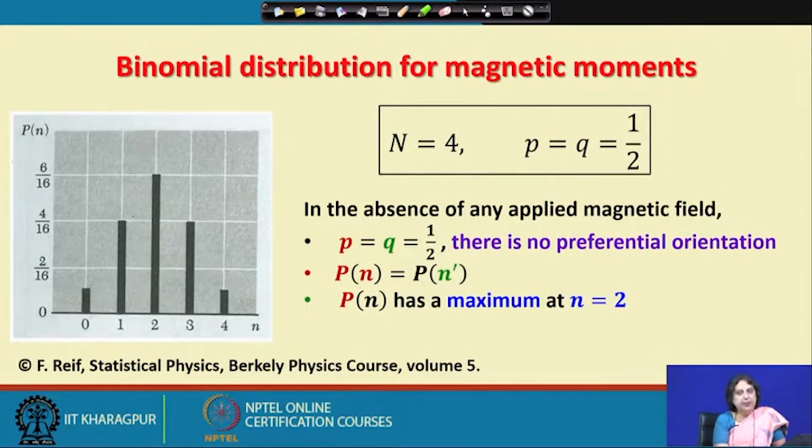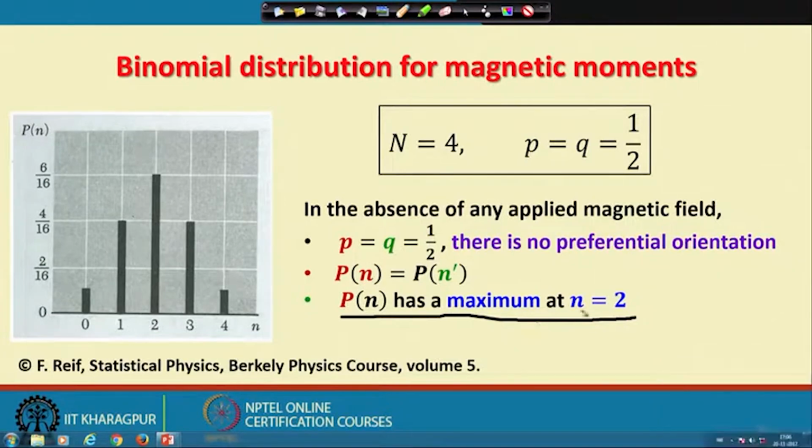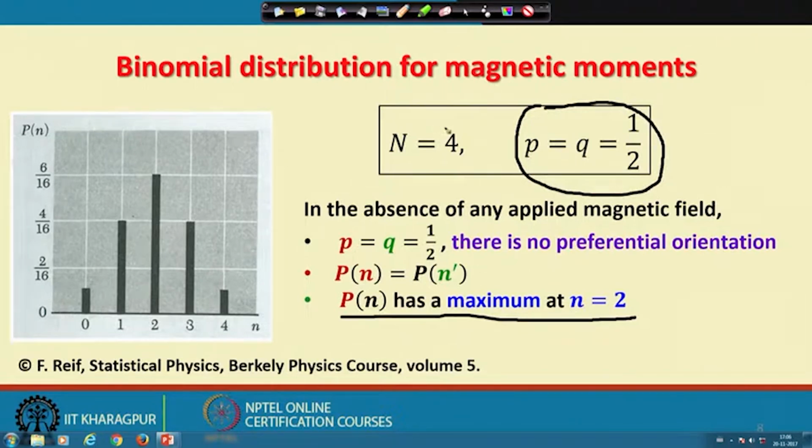The probability associated with the value n is the same as the probability associated with the value n prime, and I also see this very important characteristic that P n has a maximum at small n equal to 2. Please note that under this condition where p is equal to q, the value where the maximum appears is actually capital N by 2.